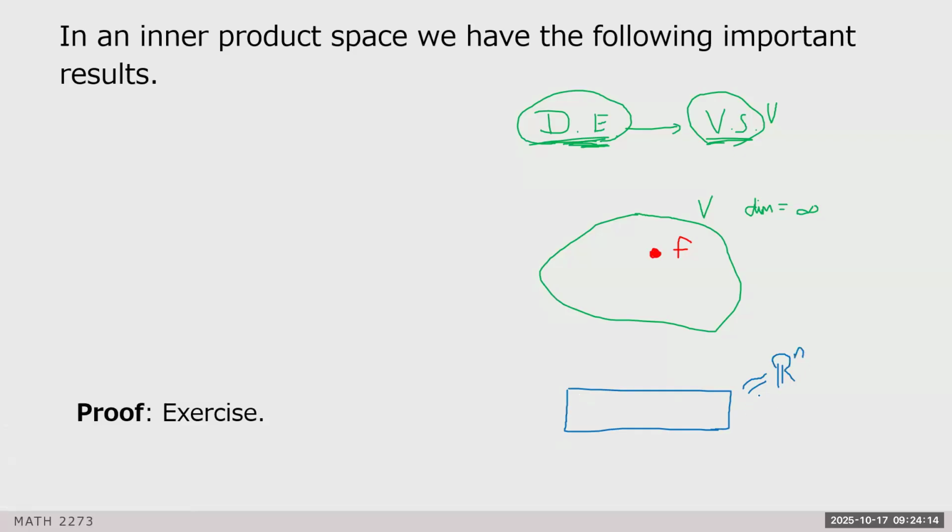So I put here it's isomorphic to Rn. There are many vectors in this finite dimensional vector space. Which one of these gives the best approximation of F? Which one is the closest to F?